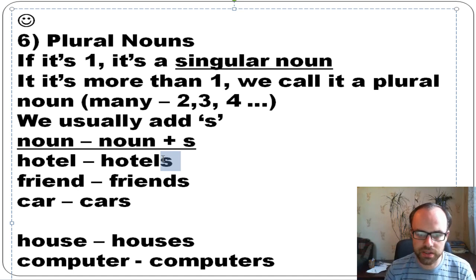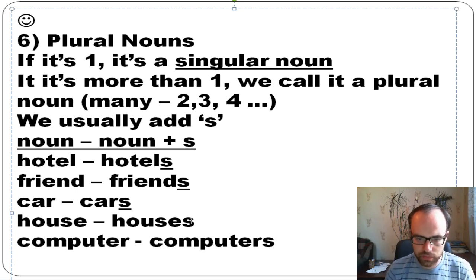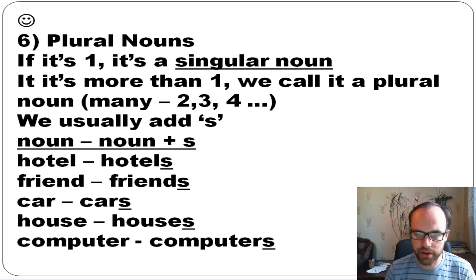One hotel but many hotels. Friend, one friend but many friends. Car, one car but many cars. House, one house but many houses. Computer, one computer but many computers. Very good.